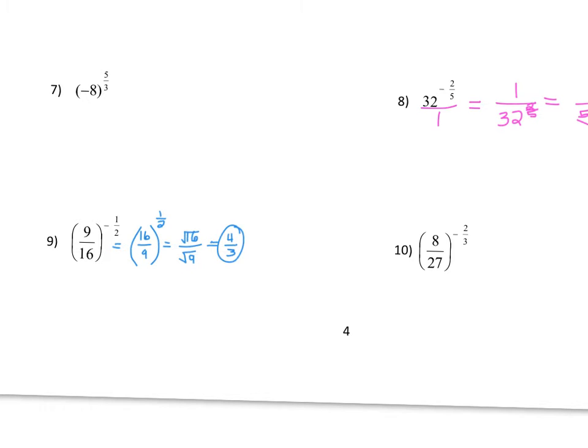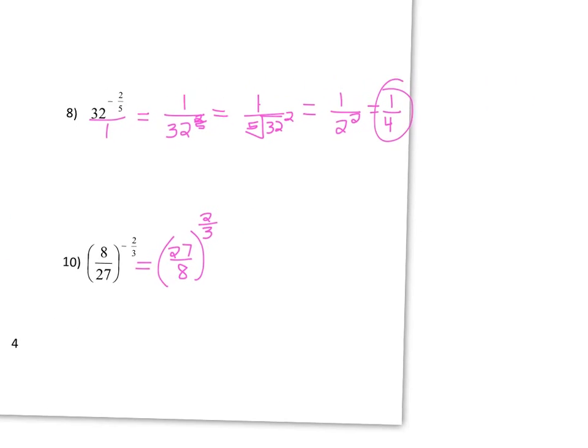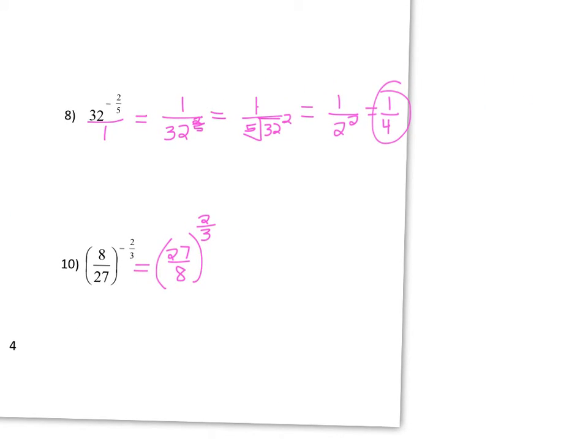So I'm going to do the same thing here. I'm going to flip this fraction upside down. And when I do, my exponent becomes positive. Please don't flip the exponent though, okay? It becomes positive. All right, so now this power is being raised to both of the numerator and the denominator.